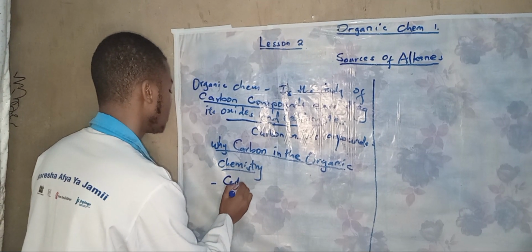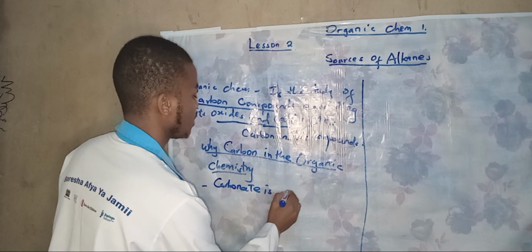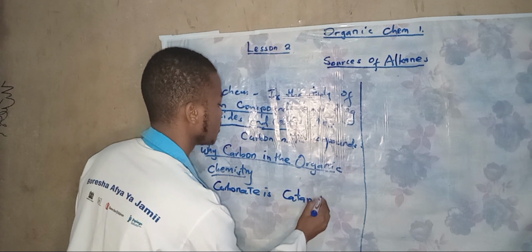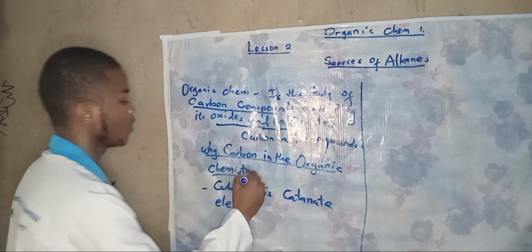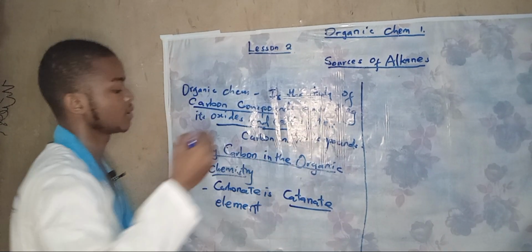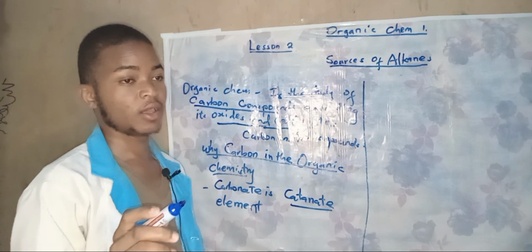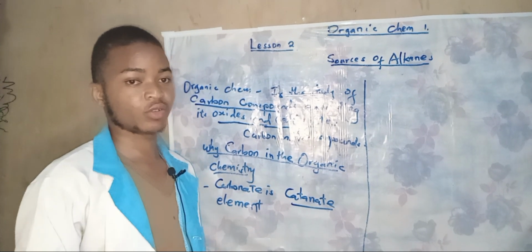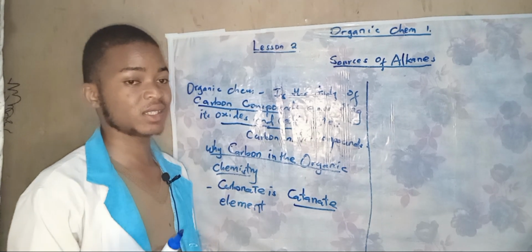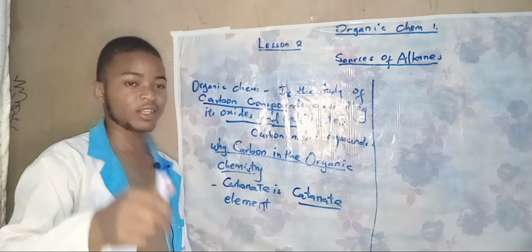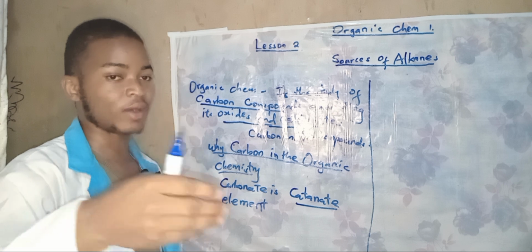Carbon is a catenate element. I will explain what catenate means. Remember, carbon always with its 4 valence electrons bonds with all of them to form strong covalent bonds with its carbon atoms and also with the other atoms of other elements.